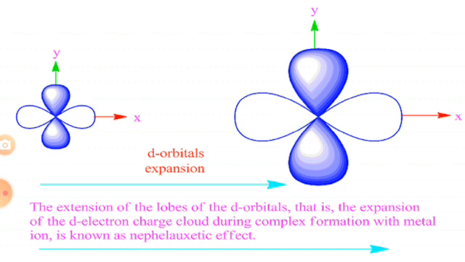When a single metal is surrounded by ligands and forms a molecule, cloud expansion of the molecular orbital takes place, and because of that the value of interelectronic repulsion reduces.